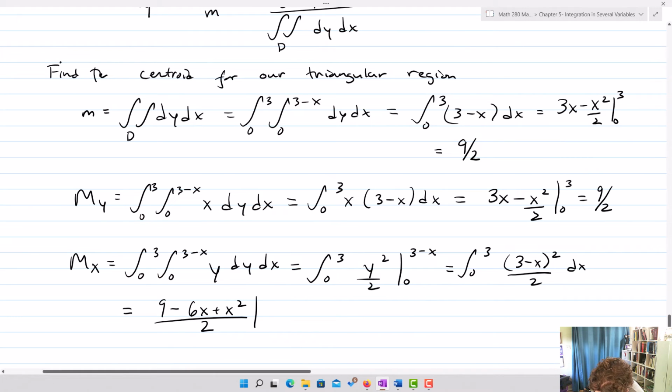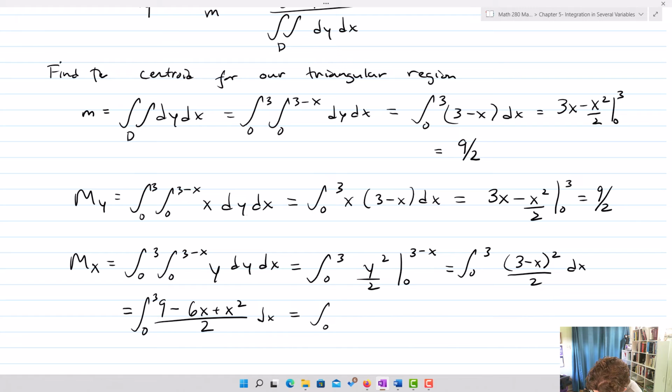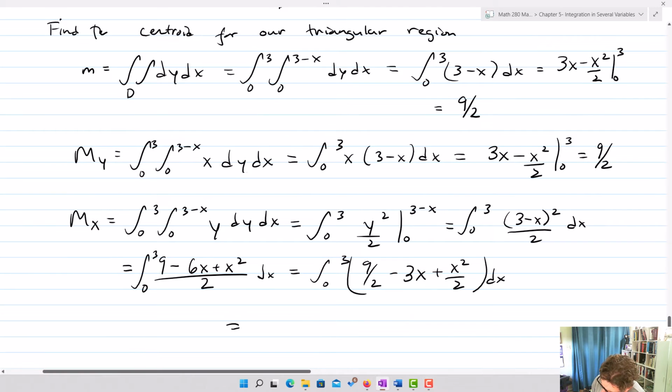That gives 9/2 minus 3x plus x squared over 2, which equals 9/2 x minus 3/2 x squared plus x cubed over 6, evaluated from 0 to 3. And when we do a little math, we get 9/2 as well.